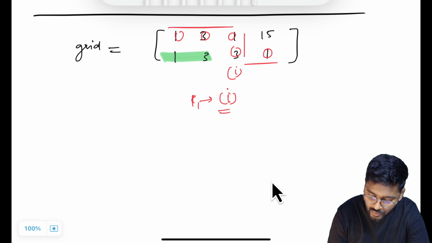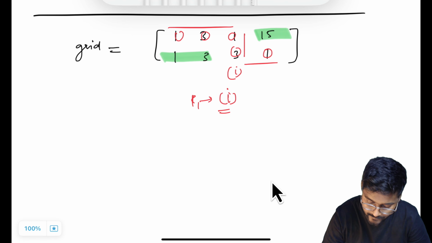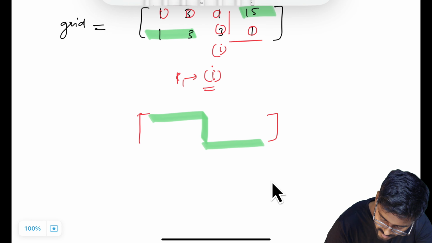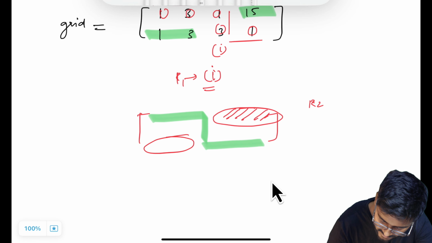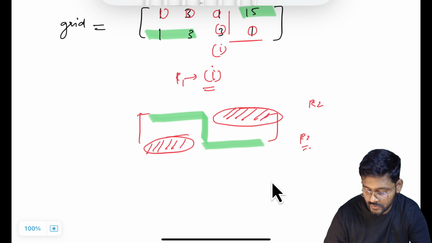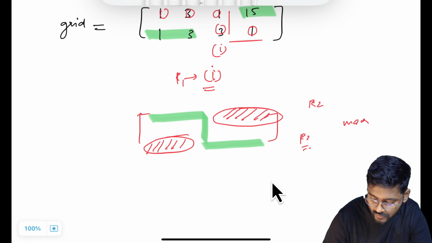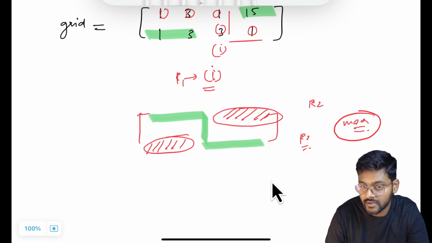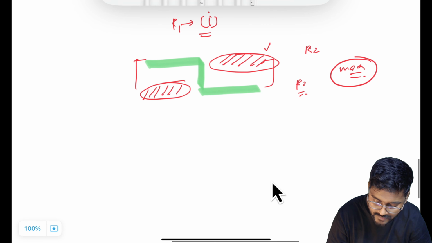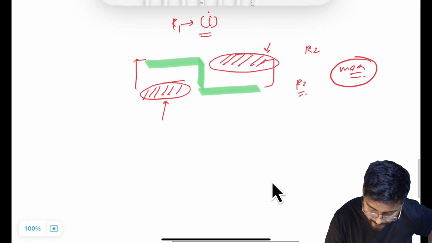Either robot 2 can pick these two, or robot 2 can pick this one. So either this suffix is one possibility for R2, or this prefix is one possibility for R2 sum. Whatever is the maximum, we are going to pick, and from those maximums I'm going to pick the minimum. So how do I find this value and this value?